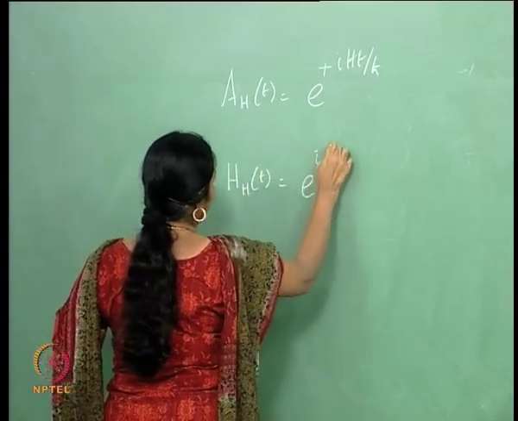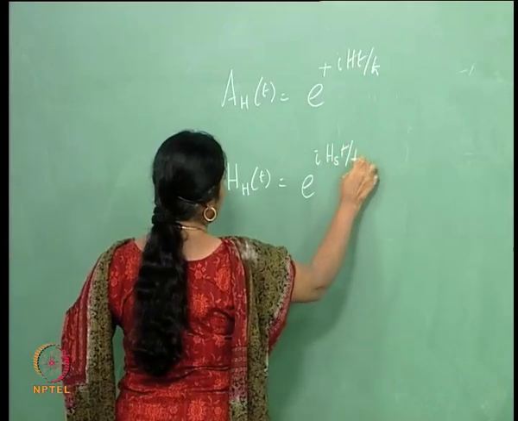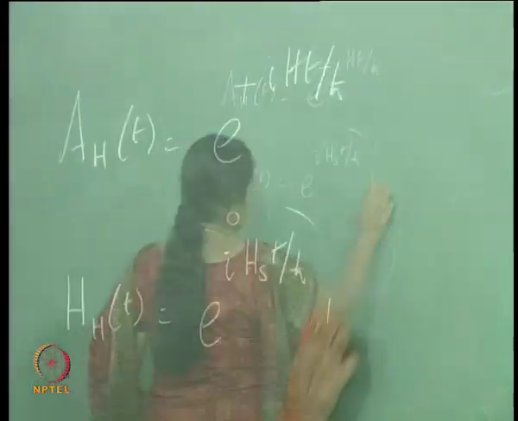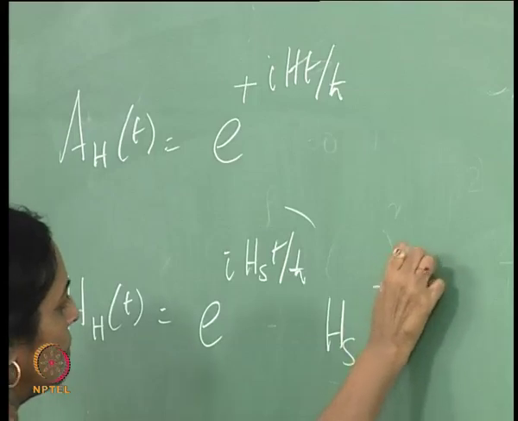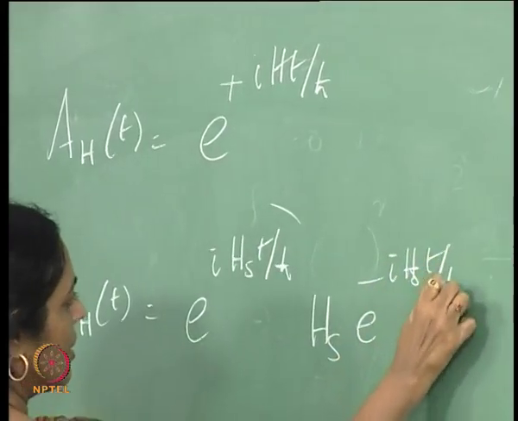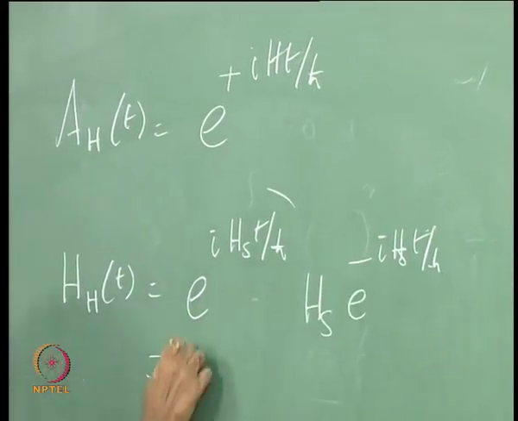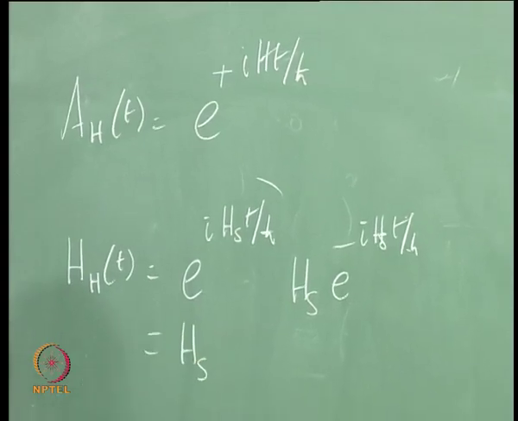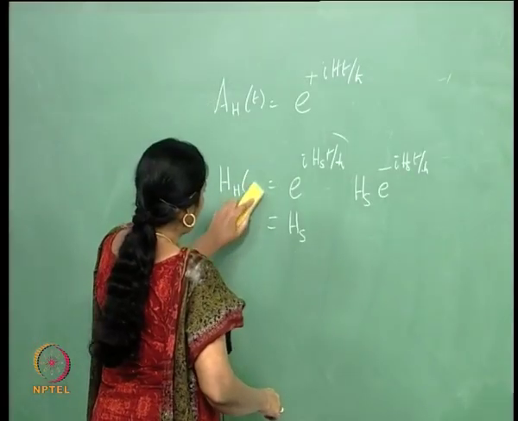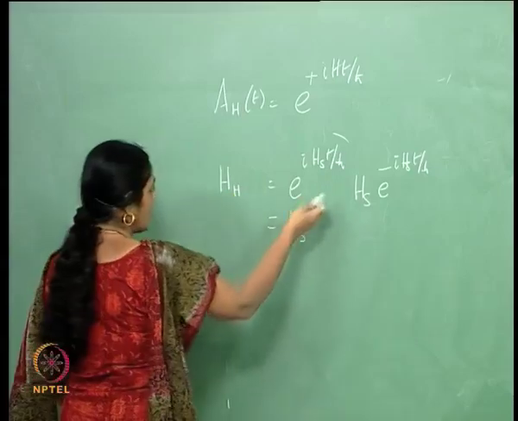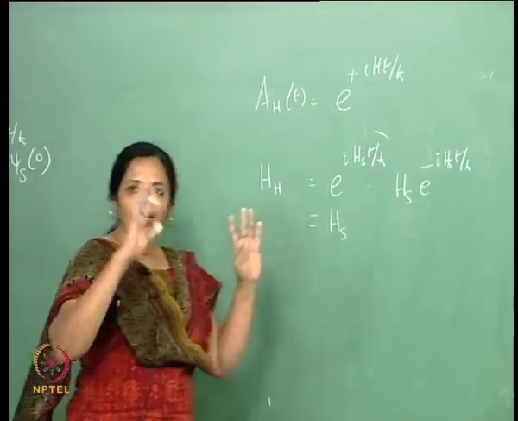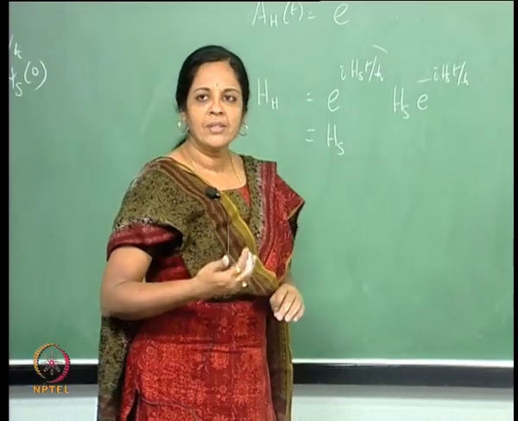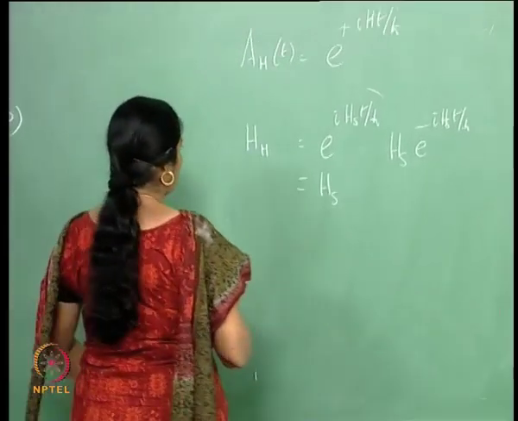It is e to the i Hamiltonian in the Schrodinger picture. This is U inverse H_S U, and since things commute with each other, that is just H_S. So the Hamiltonian therefore is not a function of time and continues to be the same, be it the Schrodinger picture or the Heisenberg picture.